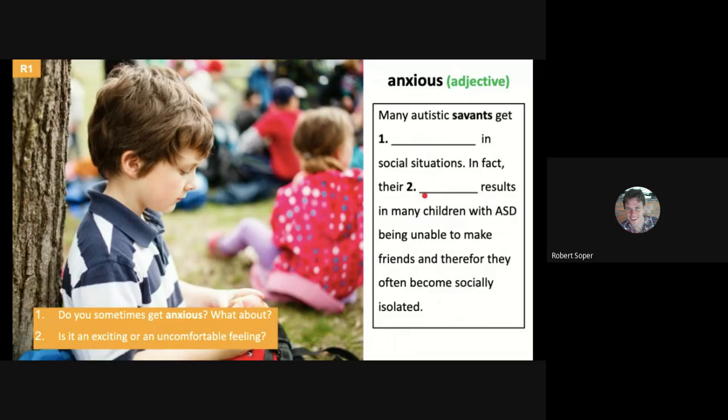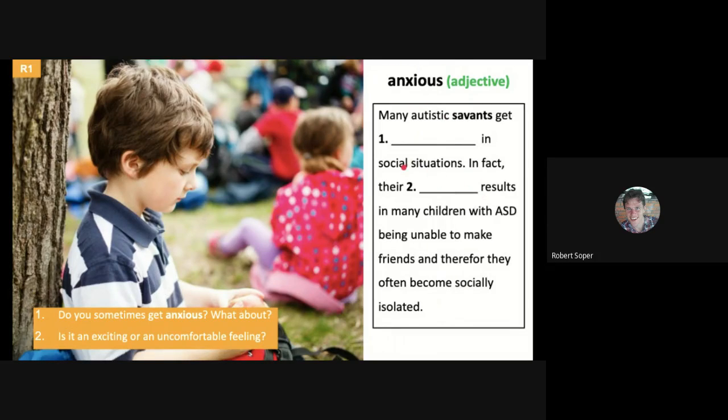So what we were looking for here was the noun form of anxious. Was there any clue to help us there? Well, yeah, there were. For one, this is a pronoun, which is showing a possessive. So a possession of anxious.